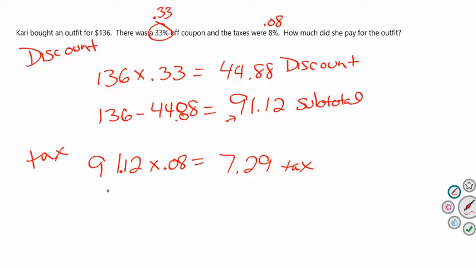Then, to figure out my final cost, it would be my subtotal plus my tax. So my subtotal, $91.12, plus my tax comes up for a grand total of $98.41. That's my final answer.